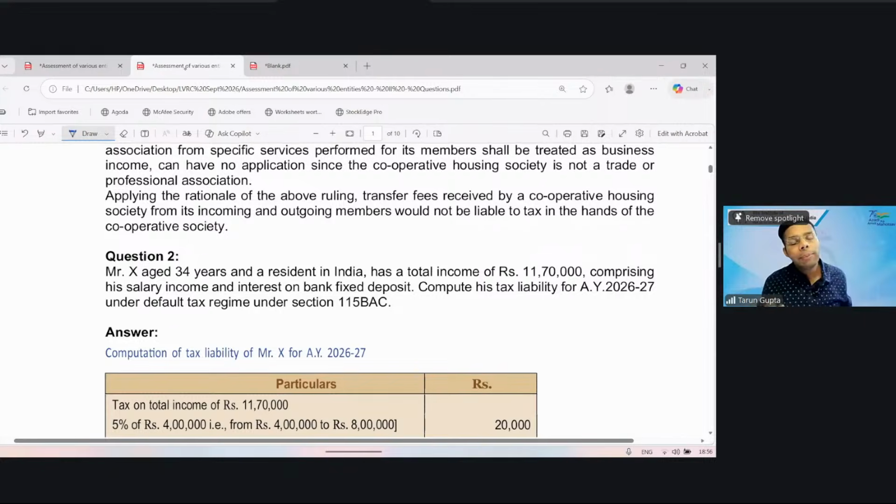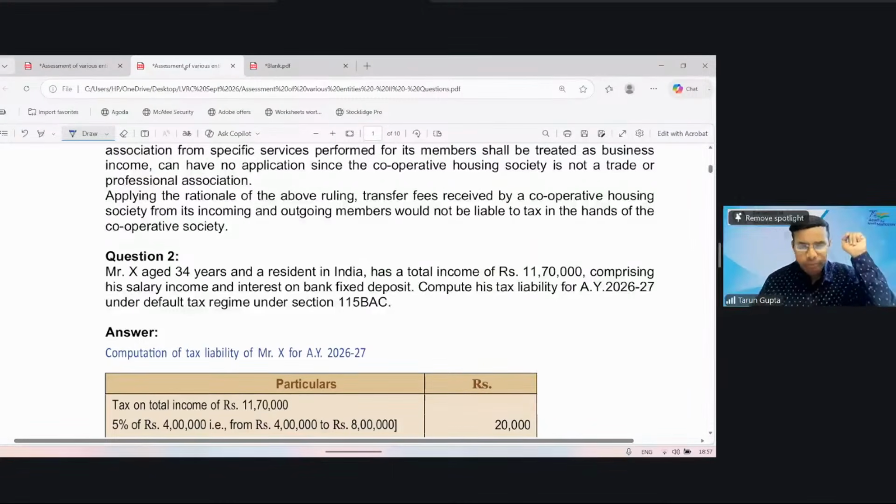So whether the new regime is applicable to resident or to non-resident: only to the resident? There is no differentiation in case of individual, HUF, AOP, BOI, artificial juridical person. In case of company and cooperative society, the concessional new regime is available only to the domestic company or to the resident cooperative society. But in case of individual, HUF, etc., the new regime is available even to an assessee who is non-resident.